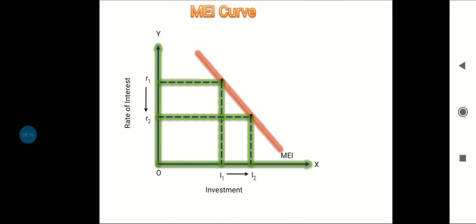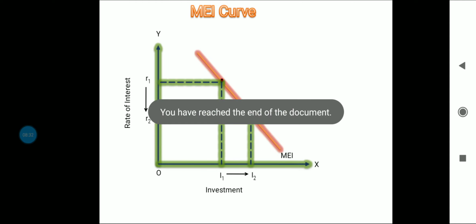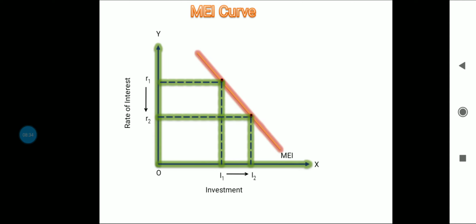When the rate of interest declines from R1 to R2, the level of investment will rise from I1 to I2. So that is why the MEI curve shows a negative slope. So this is about the investment function.